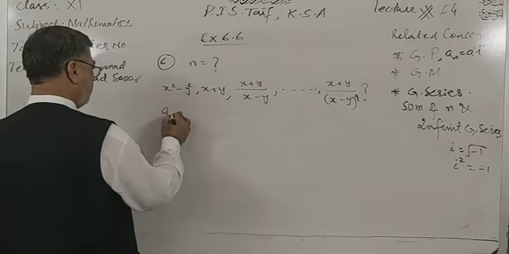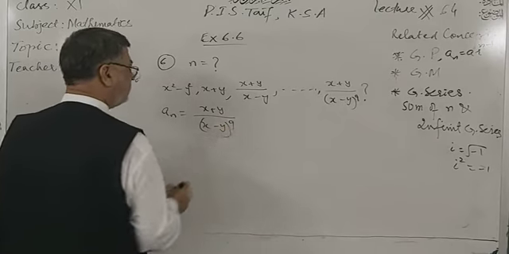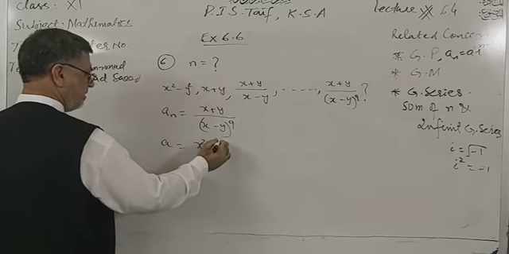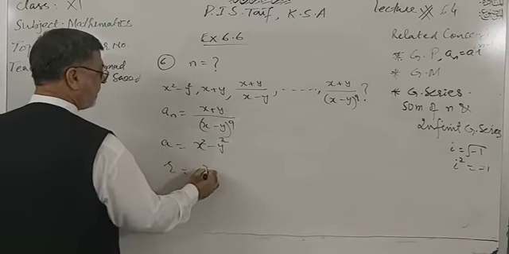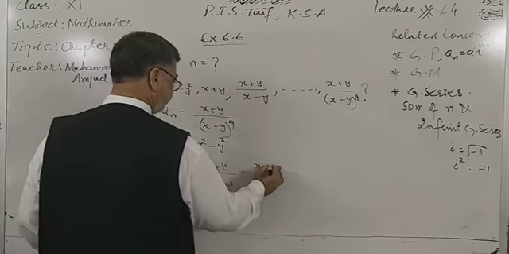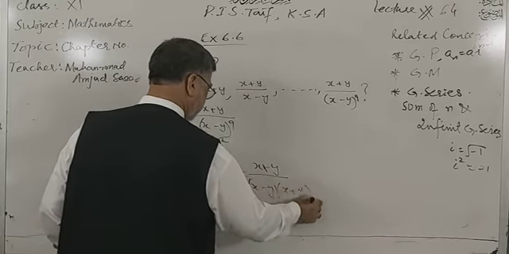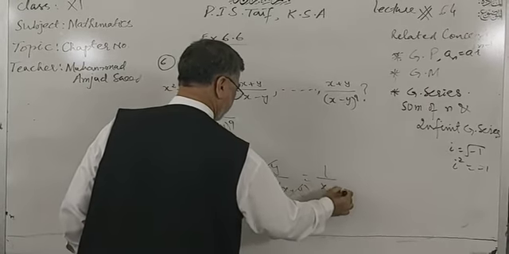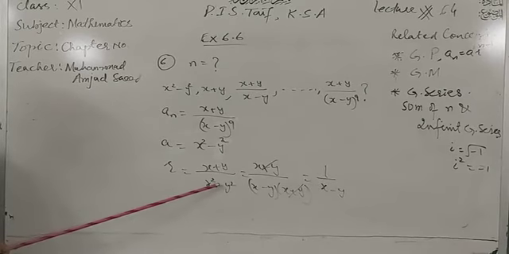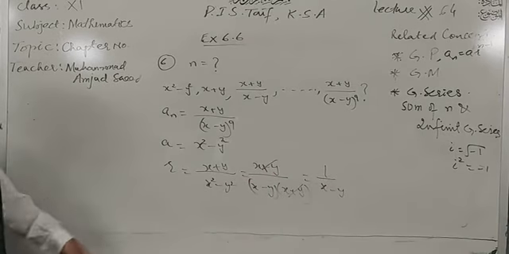So you can have an is equal to x plus y over x minus y power 9. A is first term x square minus y square, and r is second term over first term. You can simplify the denominator as that will be 1 over x minus y. r is second term over first term. Open the formula x square minus y square to the denominator. They are cancelled out. We are getting this 1 over x minus y.